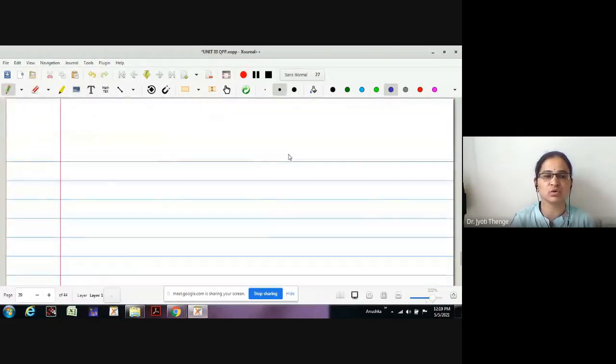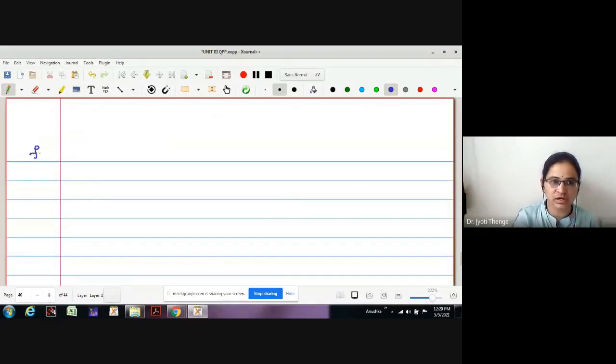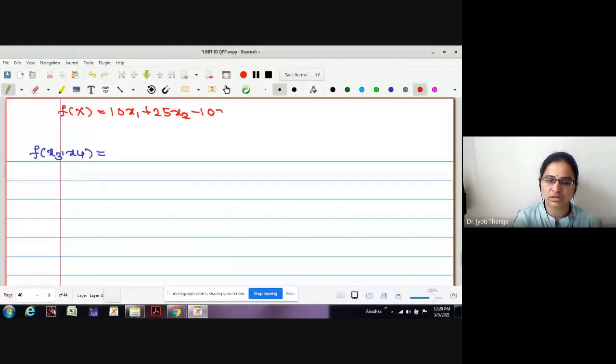Let me go to the next page. Let us write this in terms of x3 and x4. For the sake of our convenience, let me write the objective function here. What is the objective function? 10x1 plus 25x2 minus 10x1 square minus x2 square minus 4x1x2.